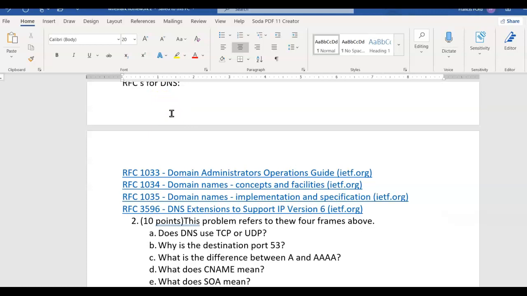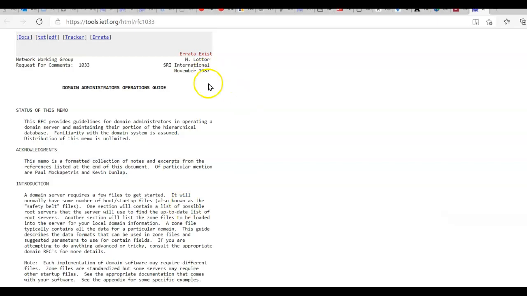When a committee wants to decide, works out what protocol it wants, it asks the world to comment on it. So it sends out a request for comment, which looks huge.